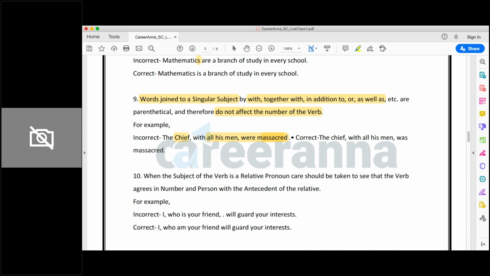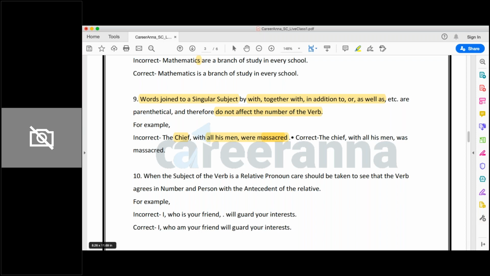So if I say I, who is your friend? My who is the pronoun, is the relative pronoun for the word I. It is not the relative word for the word friend. I, who am your friend, will guard your interests.